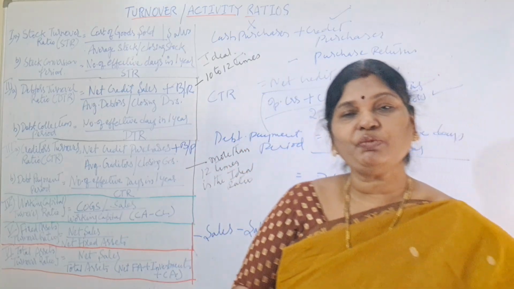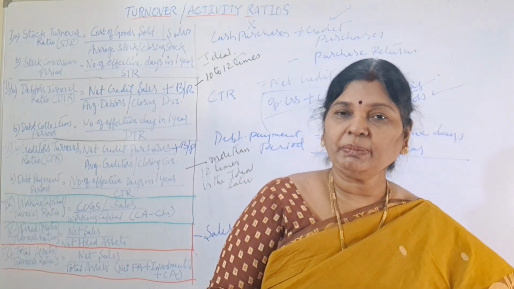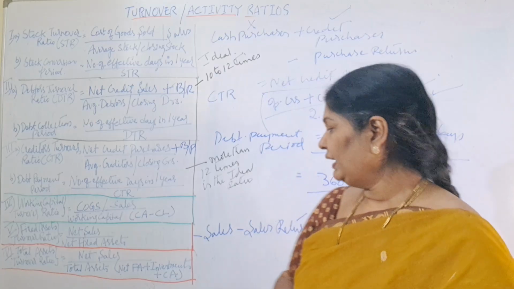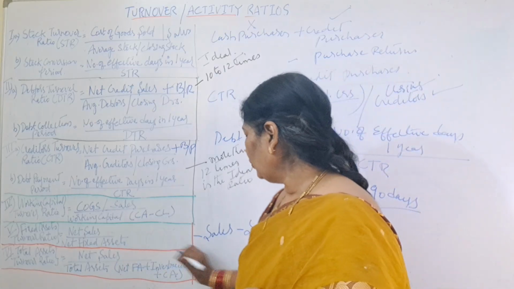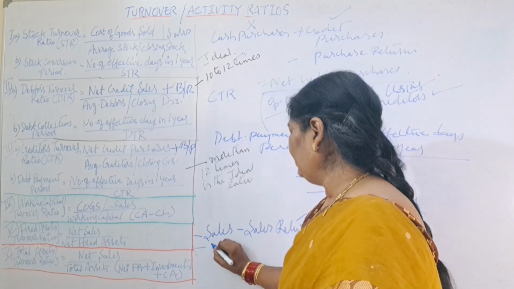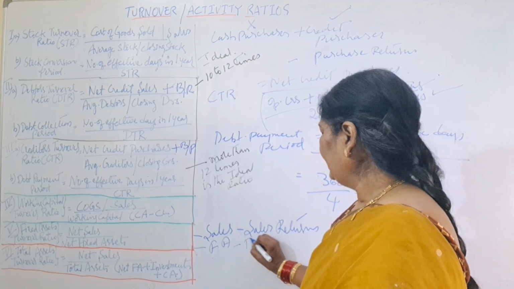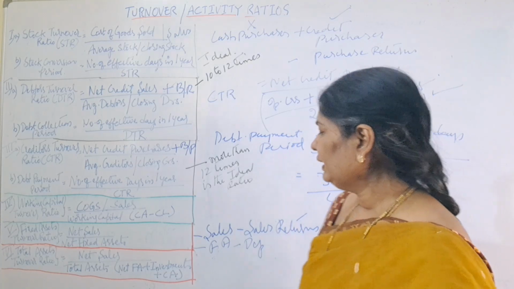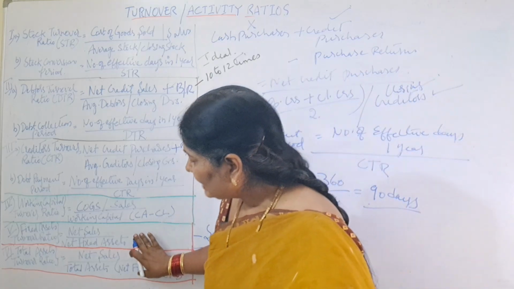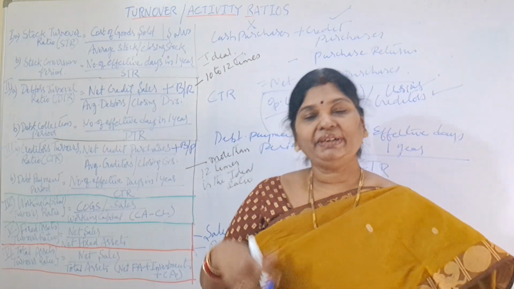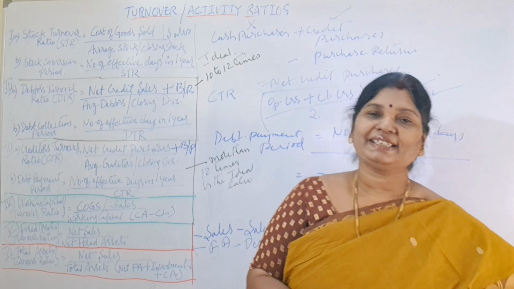Net fixed assets means what? Deduct depreciation from our fixed assets. So whatever the amount that will remain, that is called net fixed assets. Means fixed assets minus depreciation. If the FATR is higher, means we are effectively using our fixed assets.